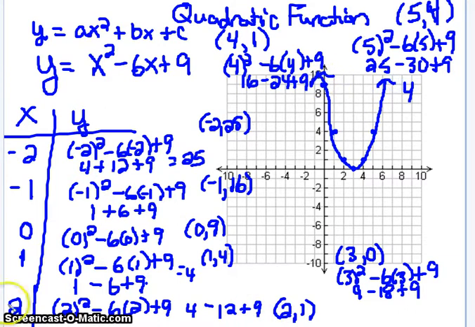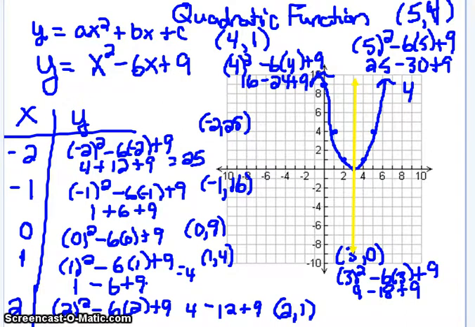You should be able to see that your axis of symmetry runs right down the middle. That axis of symmetry is at a particular point. You can probably hear my children screaming in the background. It's going right here.